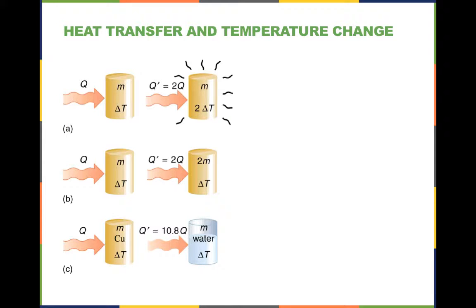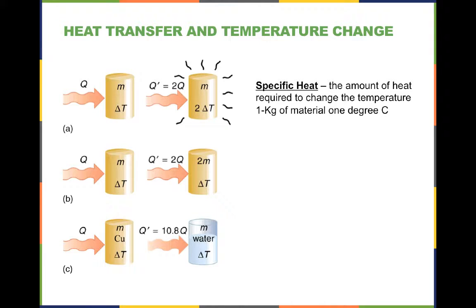Now, heat transfer can result in a change in temperature. And in order to calculate the change in temperature, you have to know something about the objects that are involved. Each object, depending on what it's made of, will allow heat to move through it more rapidly or less rapidly. It will take up heat better, or it will not take up heat so well.